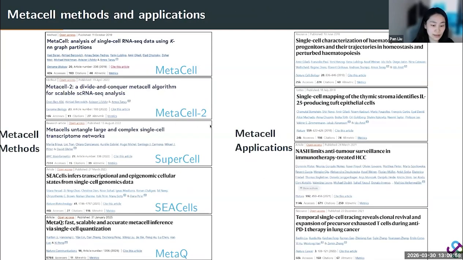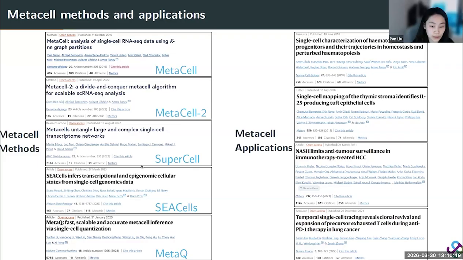This slide lists the existing use of the metacell idea. There are 5 general metacell methods so far, which have been developed into software packages that people can directly use. Starting from the very first version, metacell, and the second version, metacell 2, by the same group.